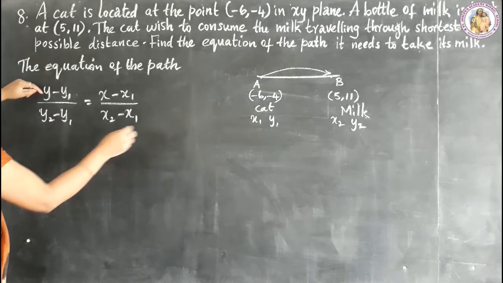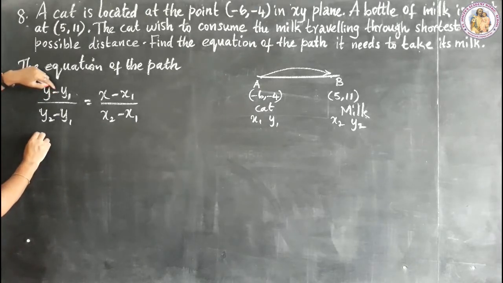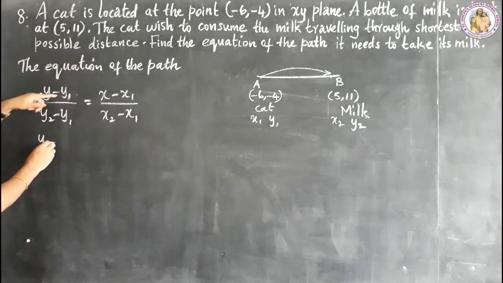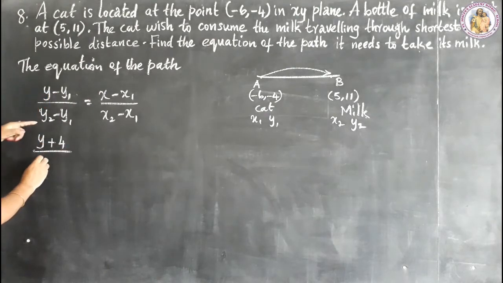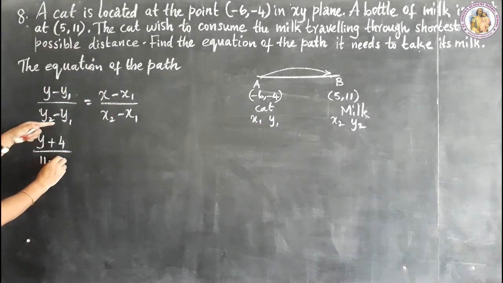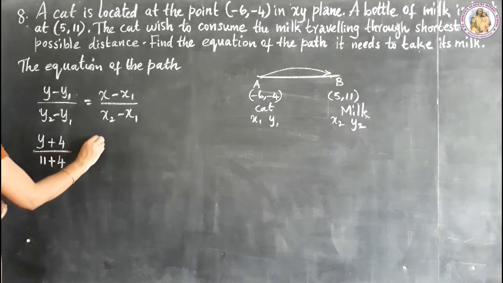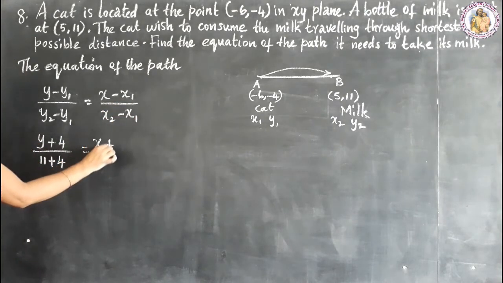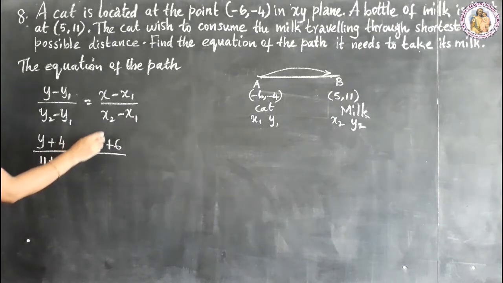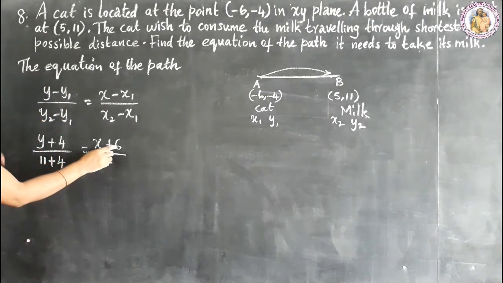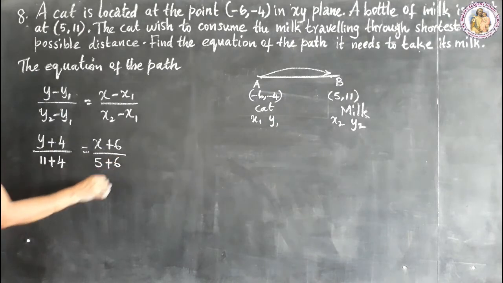Here y minus y1, y1 is minus 4, so it becomes y plus 4, divided by y2, which is 11, minus y1, minus 4, so plus 4, is equal to x minus x1, x1 is minus 6, so x plus 6, divided by x2, which is 5, minus x1, minus 6, so plus 6.